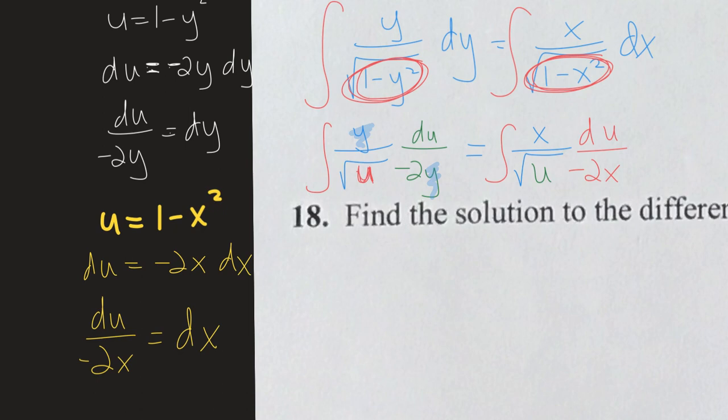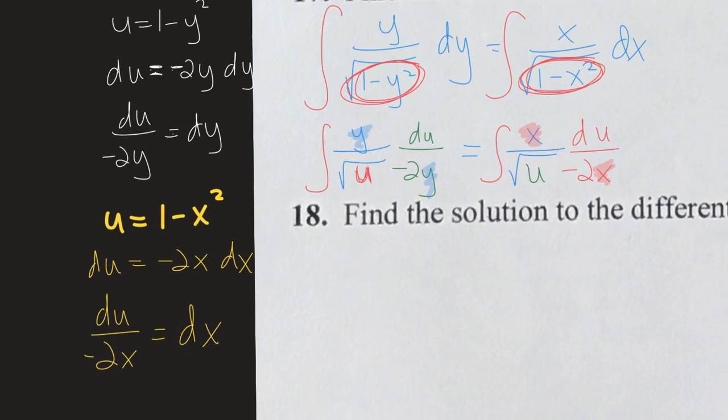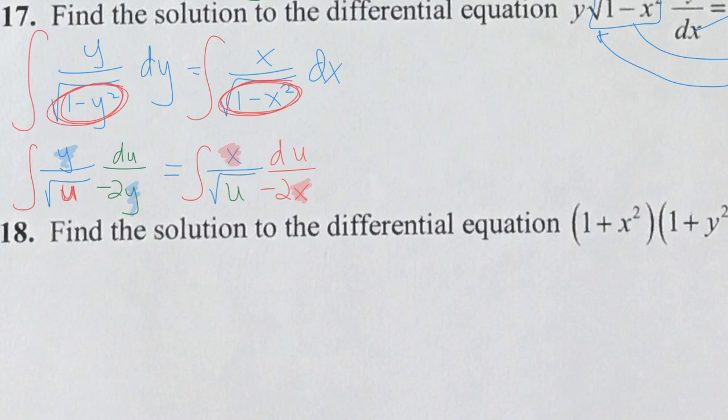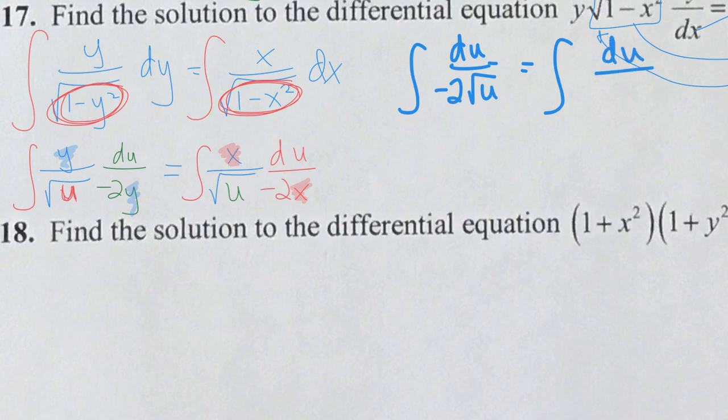And on the left side, I have x over root u, and the x's cancel out. Okay, so it's kind of nice that when you pick these as your u values, your x's and your y's cancel out. Okay, so let's see, what do we have? We have the integral of du over negative 2 root u equals du over negative 2 root u.